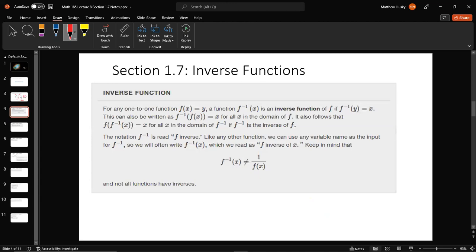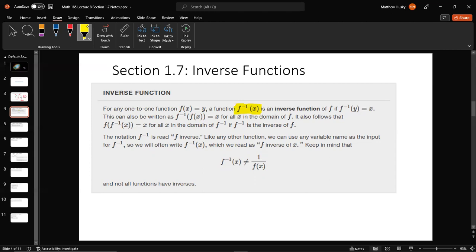So here's a more gobbledygook mouthful definition. For any one-to-one function, f of x equals y, a function f negative 1 of x is an inverse function. F negative 1 of x, that's something, by the way, you're going to want to get really used to, because that's the name given to inverse functions.